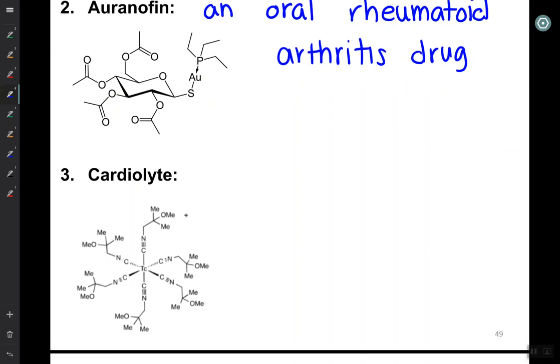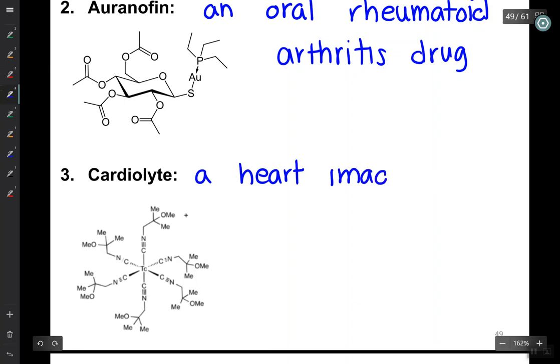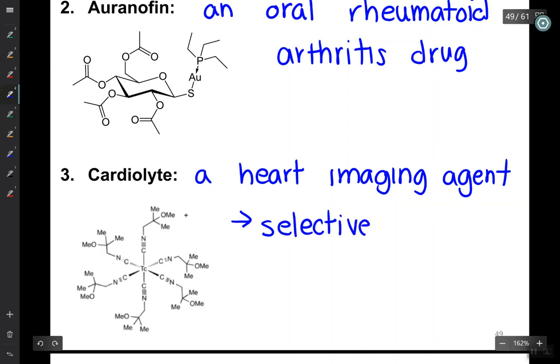The last example here uses technetium, and this molecule is called cardiolite. It's a heart imaging agent. And the reason that it's used as a diagnostic agent is that it's selectively taken up by the heart.